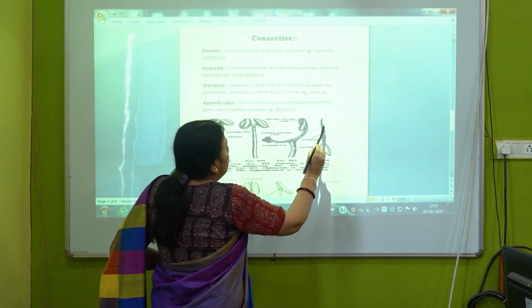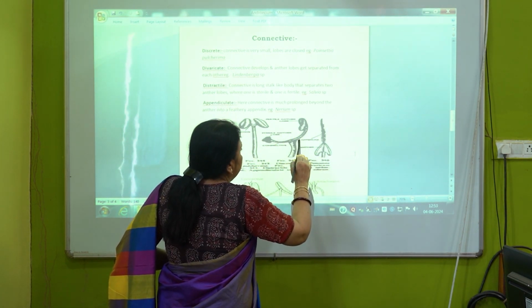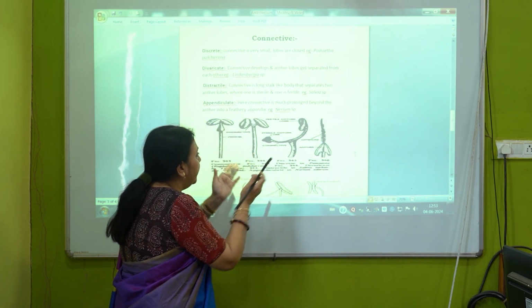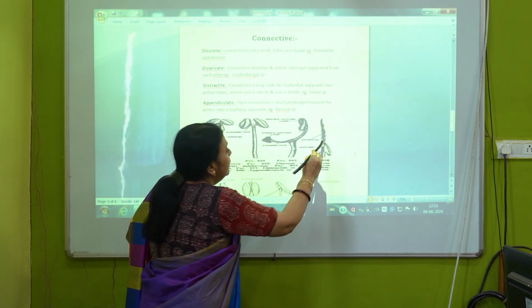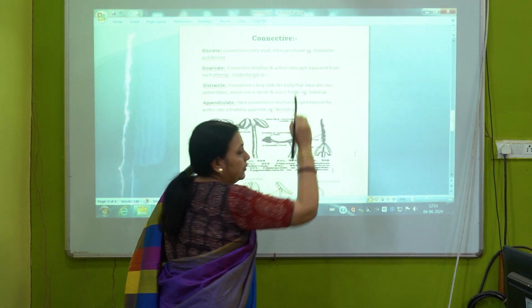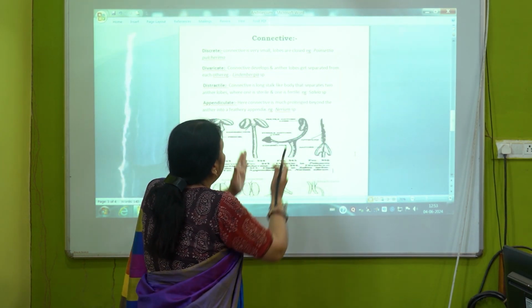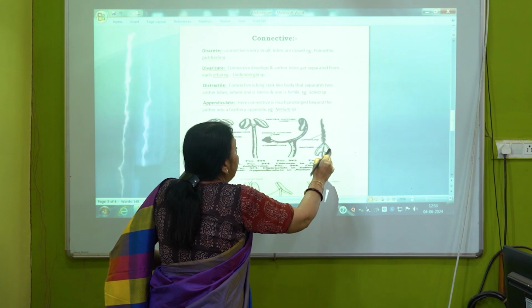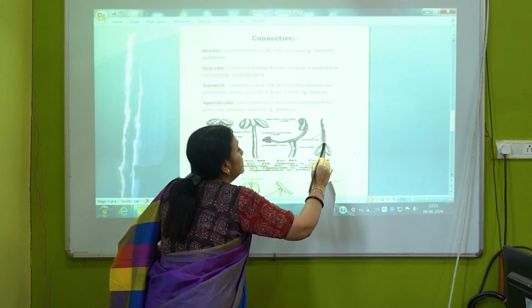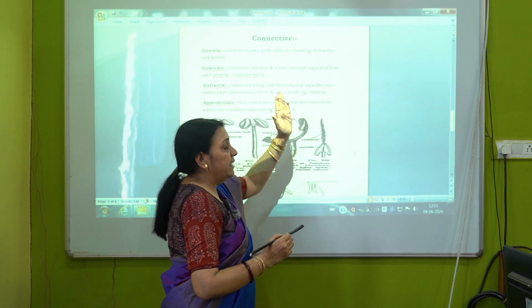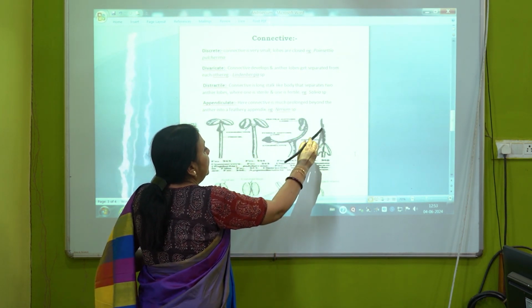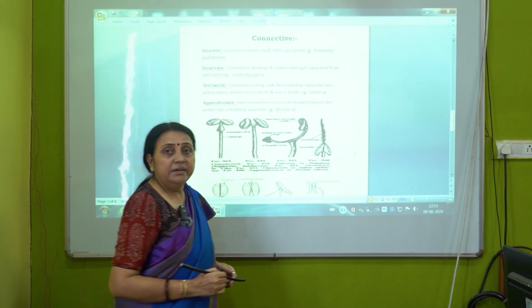In this case, the connective is not separated between the two anther lobes, just like this. In this case, the connectives are prolonged beyond the anther. This is the anther, and the connectives are much more elongated throughout the length of the anther, and ultimately it has a feathery appearance.